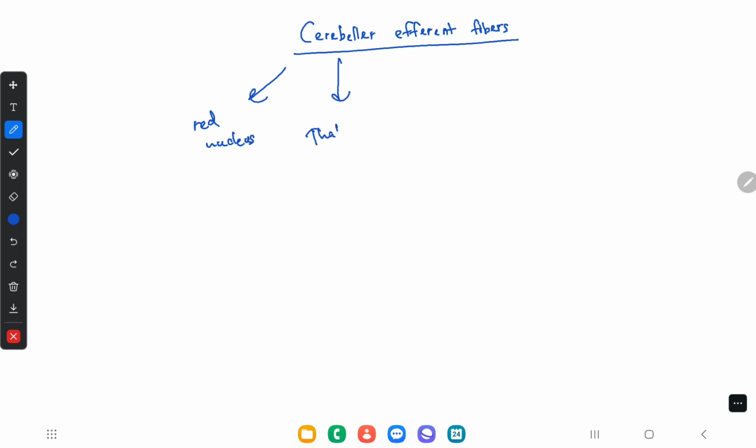Then next one is cerebellar efferent fibers. Efferent fibers from the cerebellum connect with the red nucleus, thalamus, vestibular complex, and reticular formation.